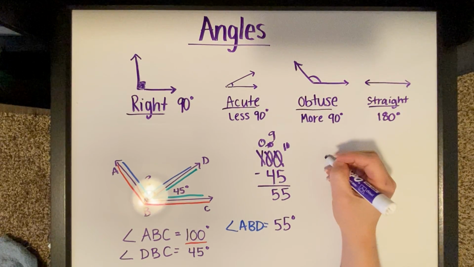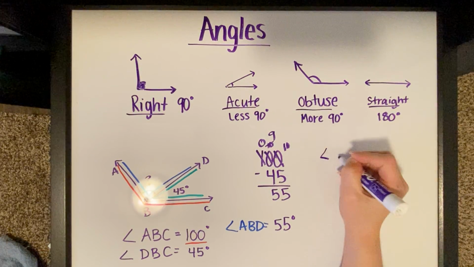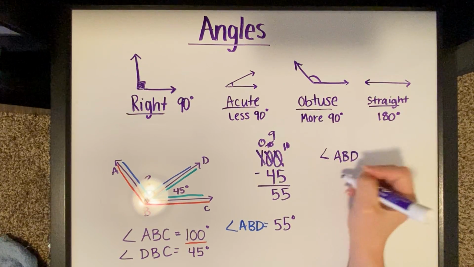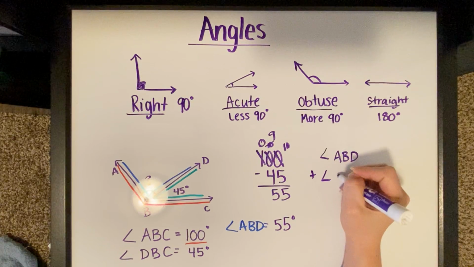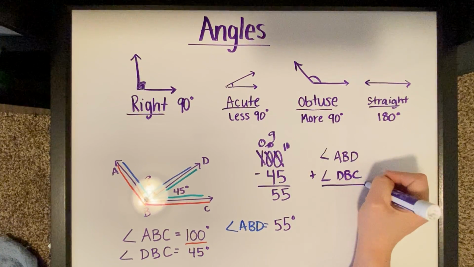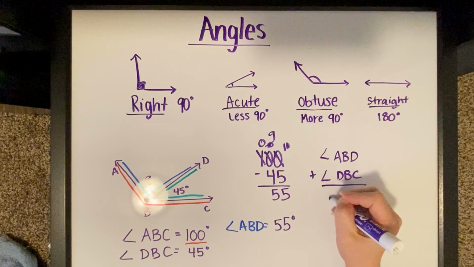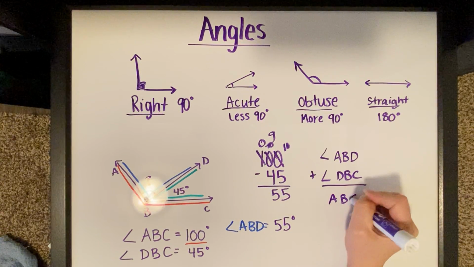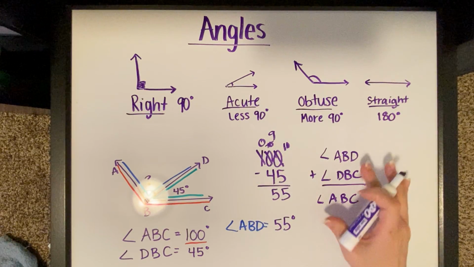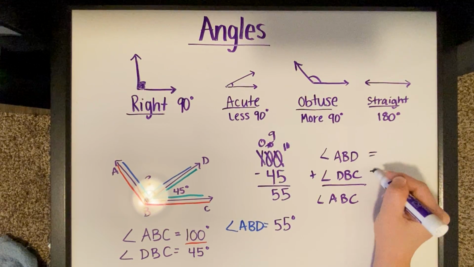I can check that by adding the angles together. So if I add angle ABD plus angle DBC, I should get angle ABC. Now, I wrote it like this. I know that might be a little bit confusing, but I wrote it like this so that way we can see the measurements.